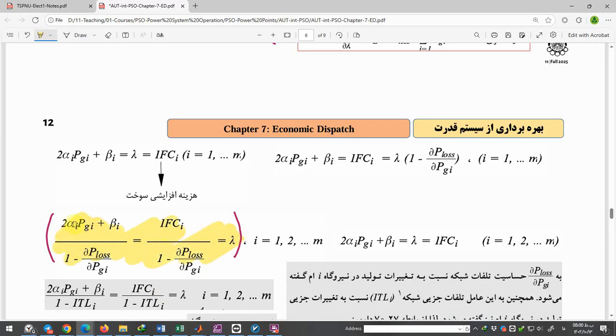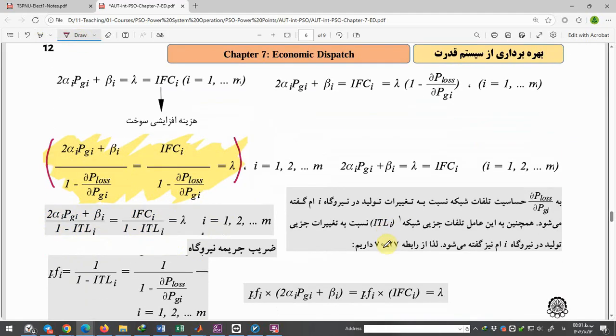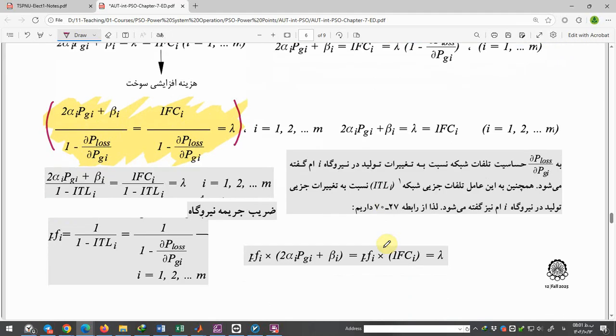This scenario makes us calculate round P loss over round PGi. We rename round P loss over round PGi as ITL.